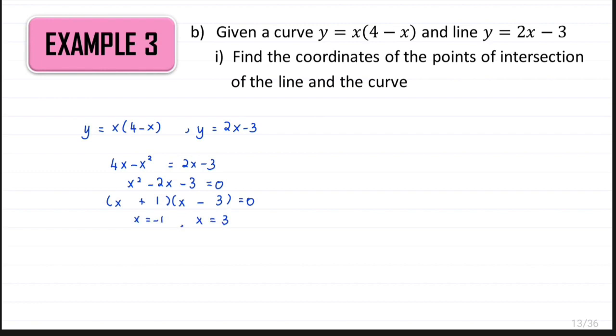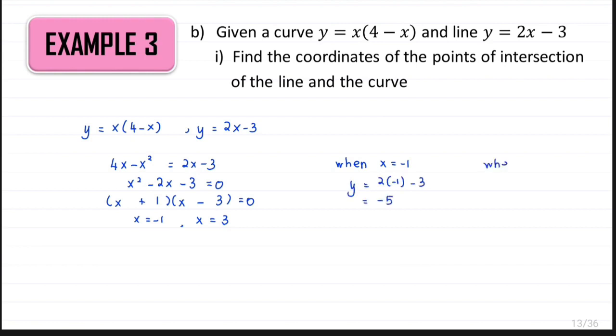We want to find the intersection points. So we need to substitute x equals -1 into any function, quadratic or linear. I choose linear. So substitute x equals -1 into the linear function. Then solve, we get -5.